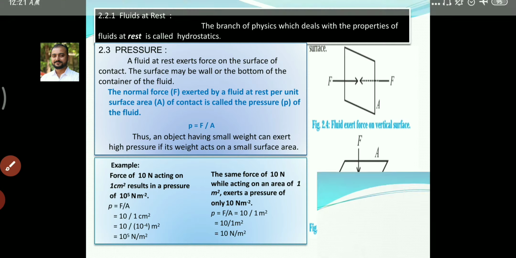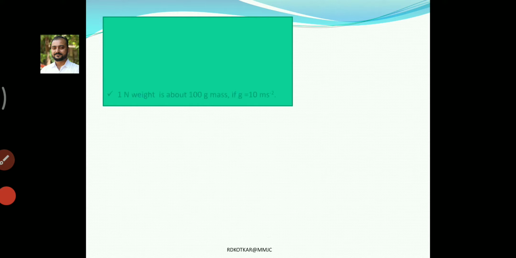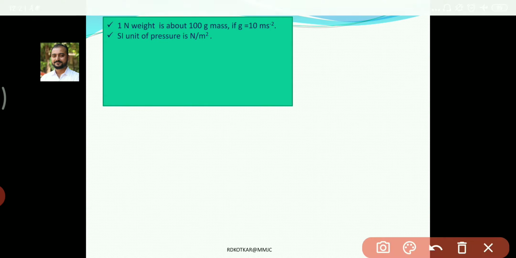So this is the pressure. Now 1 Newton weight is about 100 gram mass if g is equal to 10 meter per second square. The SI unit of pressure is Newton per meter square. By the simple way, force acting per unit area is pressure.